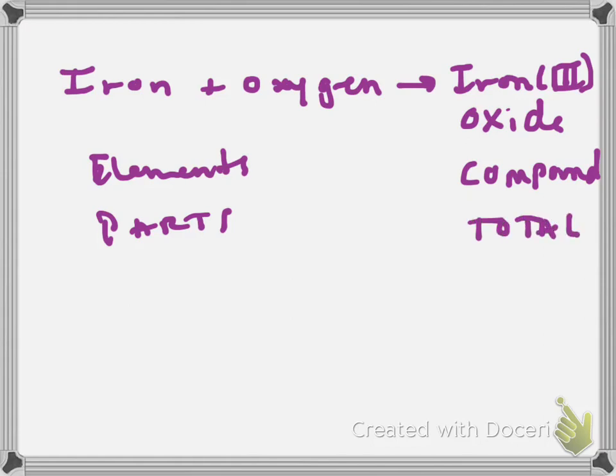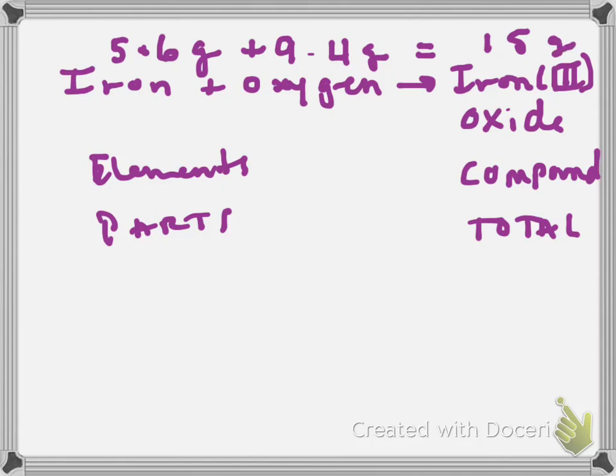So they've told us in the problem iron is 5.6 grams. Oxygen is 9.4 grams. So my total, if I add those two, that's the trick on this problem, is 15 grams.